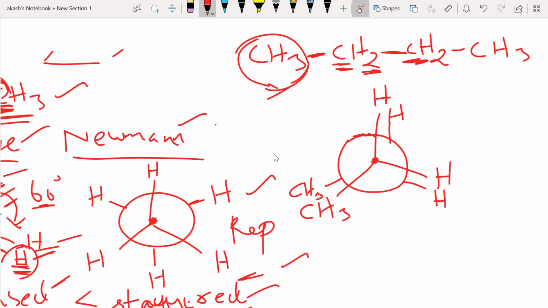So this is my eclipsed. Now I'll give you 10 seconds. Try to draw the staggered conformation. Quick.